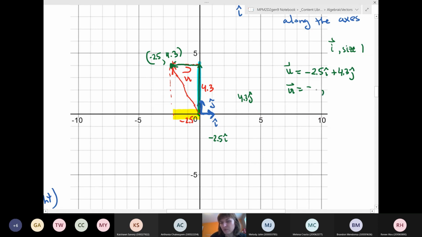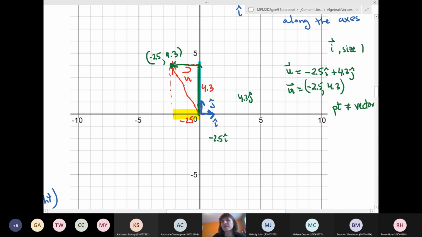If we remove the vectors, the very first one we record always has to do with the x, the i hat. And the second one we record is always going to be the y value, vertical, which is the j hat. But then if we use brackets like this, doesn't that kind of look like a point? A vector and a point are not the same thing. A point does not equal a vector.